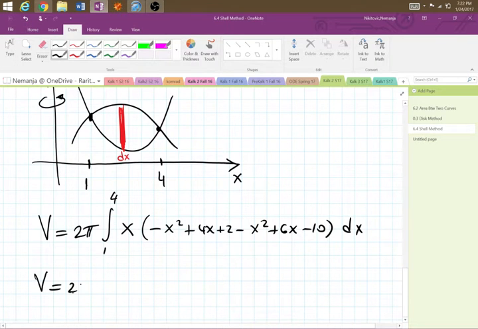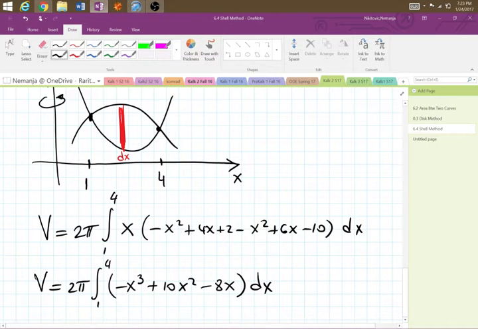Combine the like terms, multiply by x, and then integrate everything. So negative x cubed, plus 10x squared, and 2 minus 10 is minus 8x. What I did is add like terms and multiply by x in front.